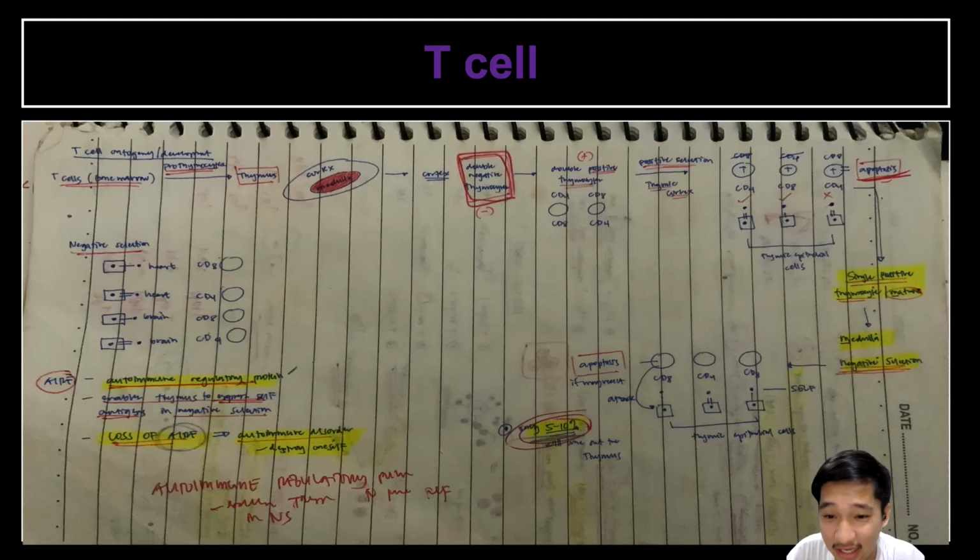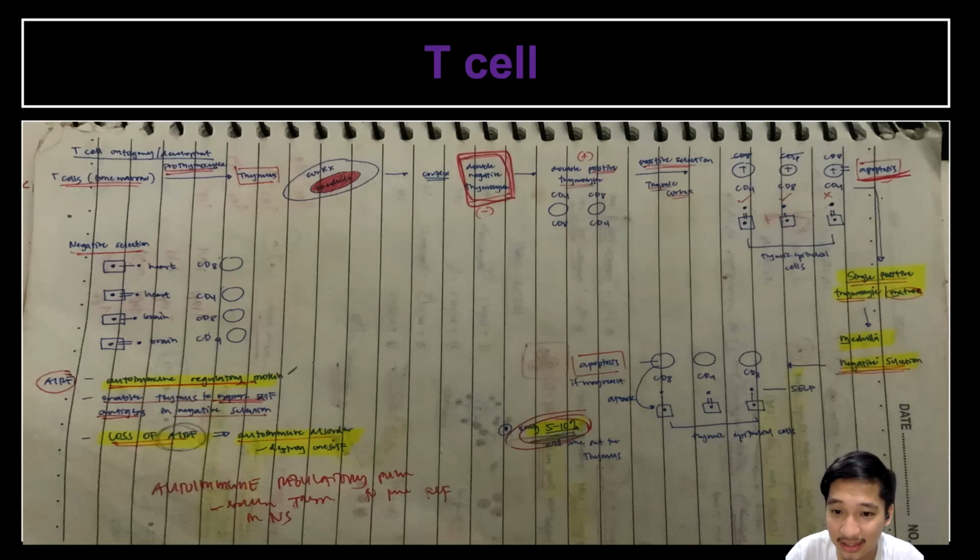For negative selection, for example, our thymic epithelial cells present a self-antigen using class 1. If the CD8 doesn't recognize or attack the self-antigen, it passes the negative selection. For example, with class 2, the thymic epithelial cells present a self-antigen using class 2 MHC, and the CD4 doesn't react, so it passes the negative selection.